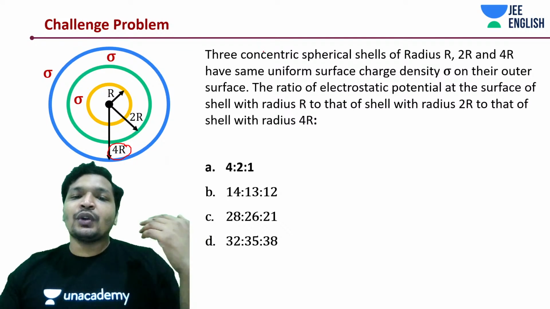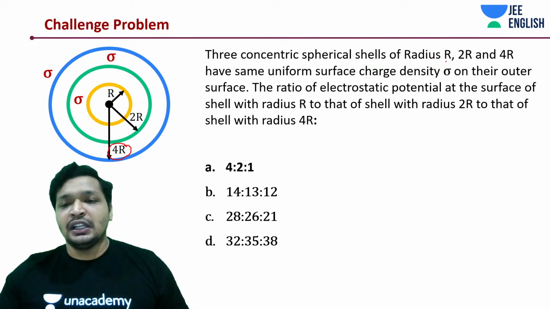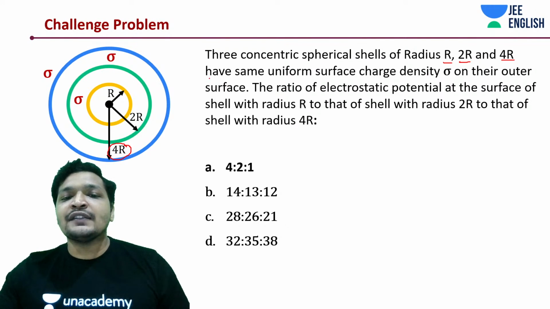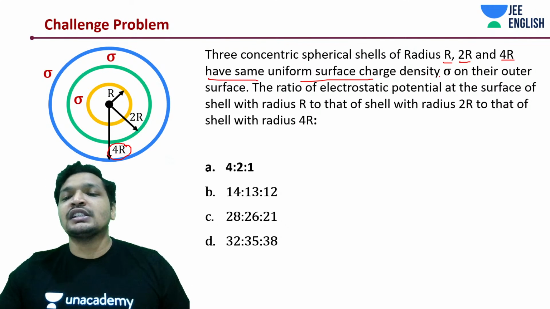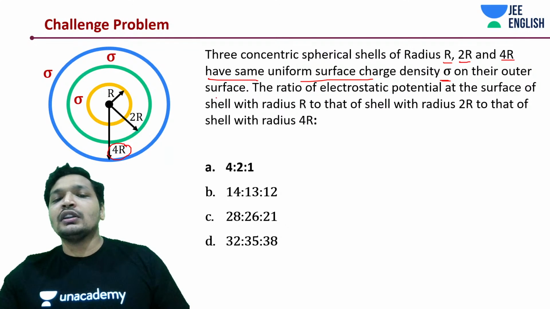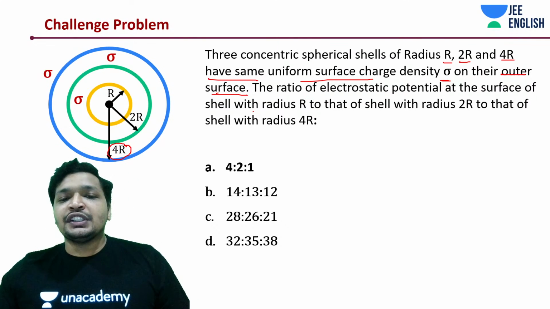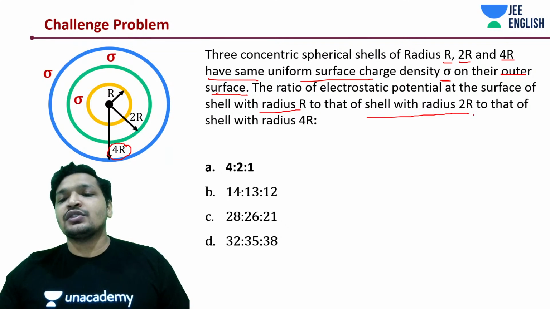Now the thing is, what is being asked: there are three concentric shells of radius r, 2r and 4r, and they all have the same uniform surface charge density sigma on the outer surface. The ratio of the electrostatic potential of the shell with radius r to that of the shell with radius 2r to that of the shell with radius 4r.